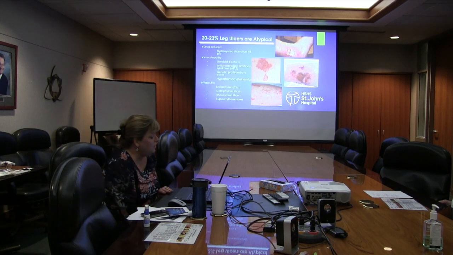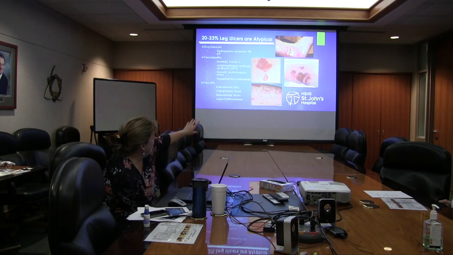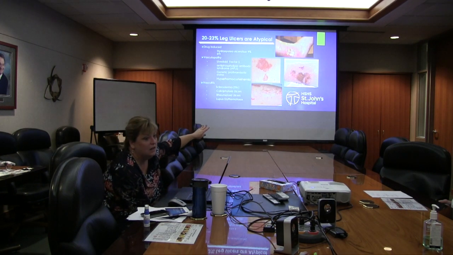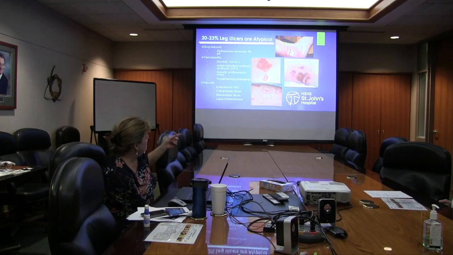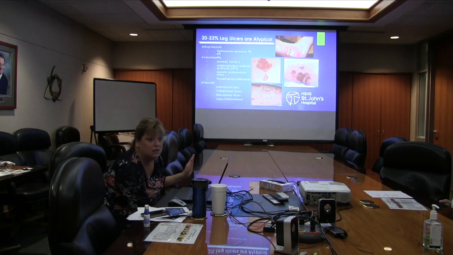20 to 23% of the patients have wounds that are complex. They don't look that bad, but these people are the hardest people to treat in our clinic. The first patient in the top corner couldn't get his ulcer to heal. He had a venous ulcer due to the hydroxyurea drug.